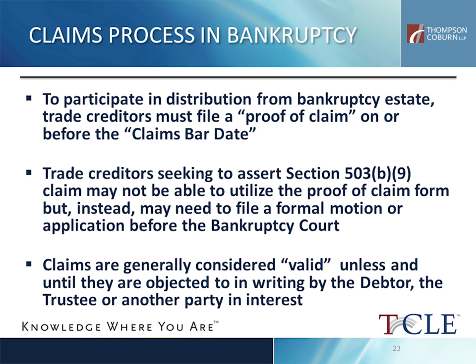Generally, claims are going to be considered valid unless they're objected to in writing by the debtor or some other estate representative. And if a claim objection happens, then you have to obviously prove up your claim at that point.